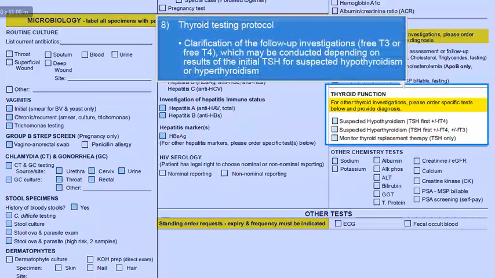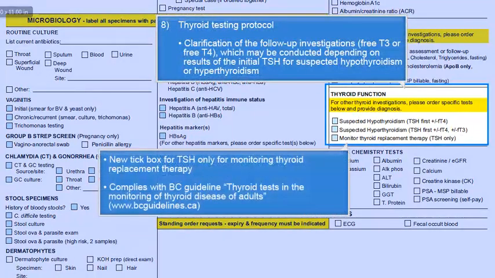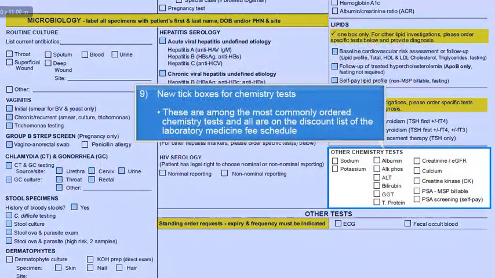Clarification of the follow-up investigations, free T3 or free T4, which may be conducted depending on results of the initial TSH for suspected hypothyroidism or hyperthyroidism. New tick box for TSH only for monitoring thyroid replacement therapy.